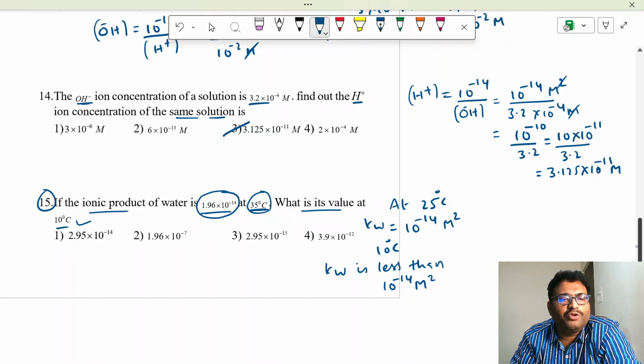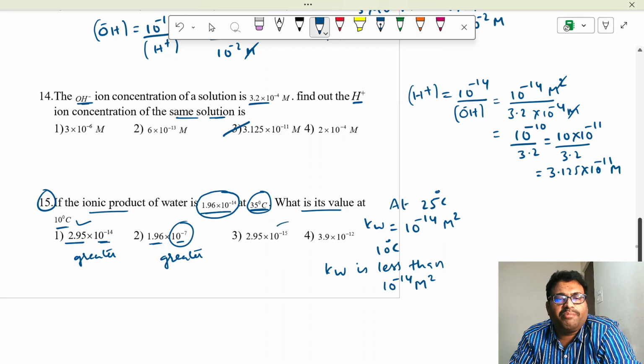Here 2.95 into 10 power minus 14, so it is greater. 1.96 into 10 power minus 7 is much greater. 2.95 into 10 power minus 15, 10 power minus 15 is smaller than 10 power minus 14. So it is smaller. Then 10 power minus 12 is greater than 10 power minus 14, so it is greater. So what is asked? What is its value at 10 degrees centigrade? So this will be the answer.